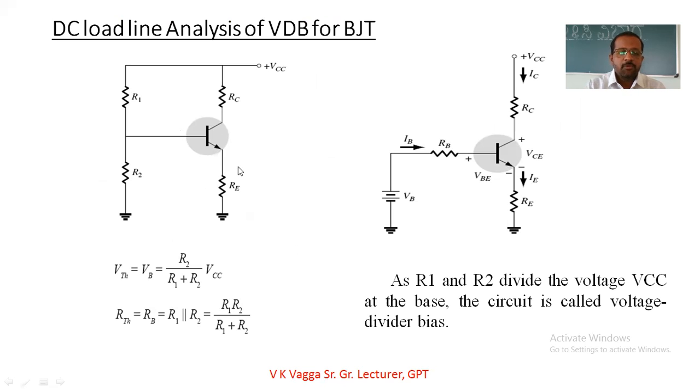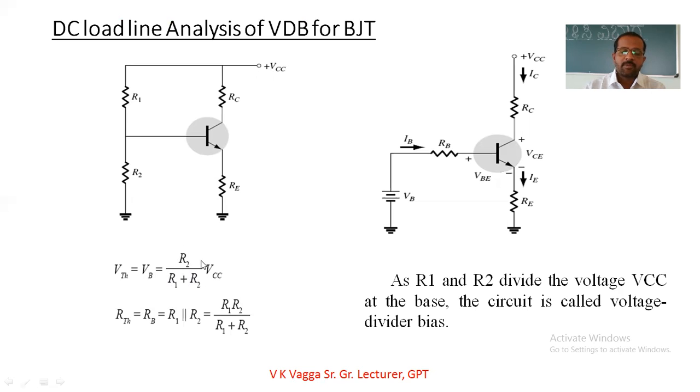If you obtain the Thevenin voltage, the voltage at the base of the transistor, VB, this itself is called the VTH, which is equal to R2 divided by R1 plus R2, into VCC. This is the voltage divider formula, also obtained using Thevenin's theorem.